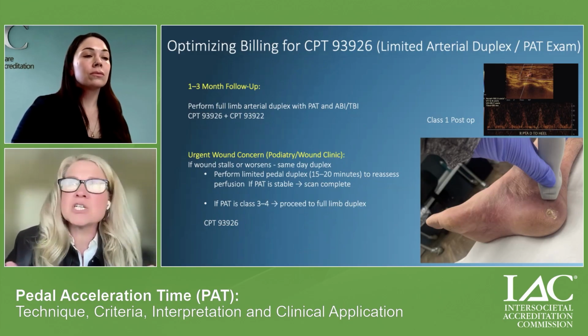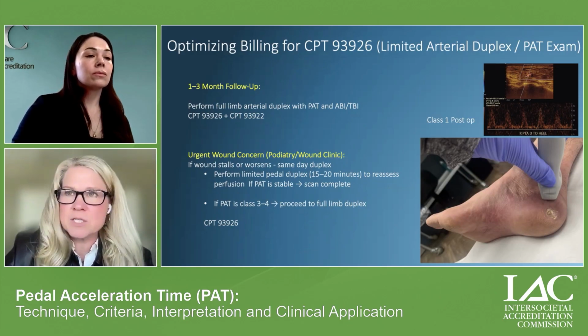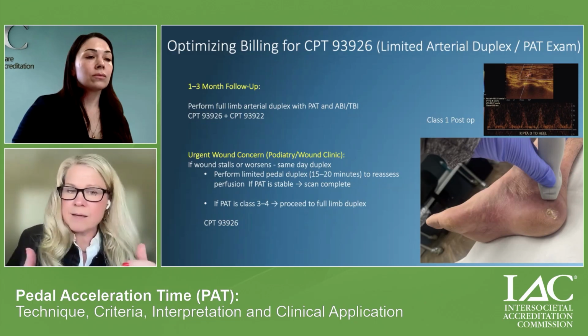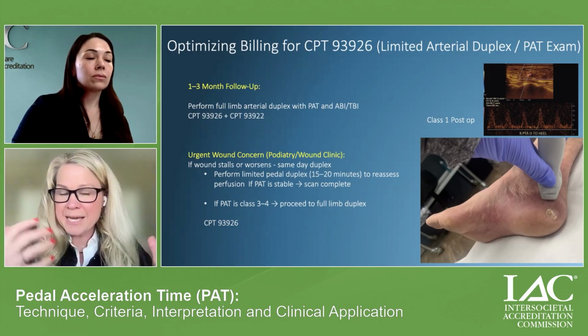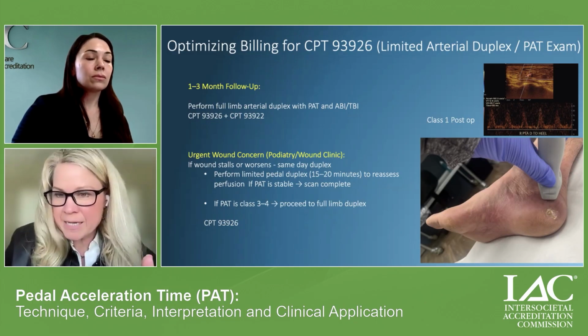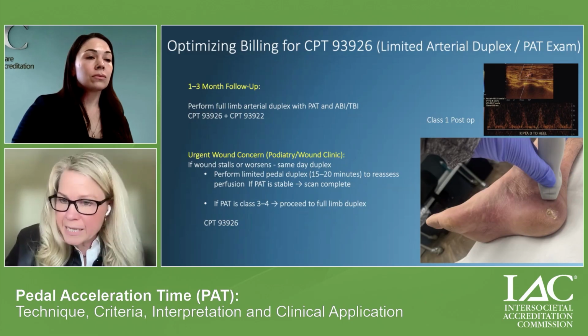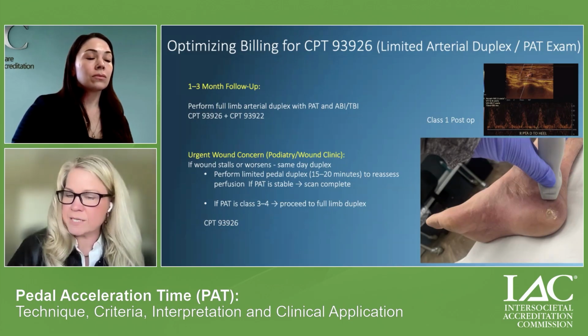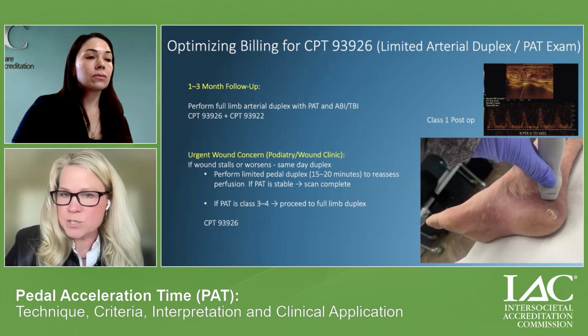But let's just say this is an inpatient and this patient has a toe wound, they can certainly order a PAT duplex, 93926. You can go to the floor. Maybe you used to grab your big ABI machine, but the patient's diabetic. You can do a PAT, a pedal duplex, wound bed, PAT measurements around the foot and distal tibials, and bill the 93926.